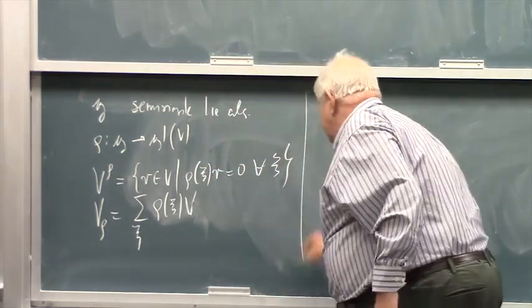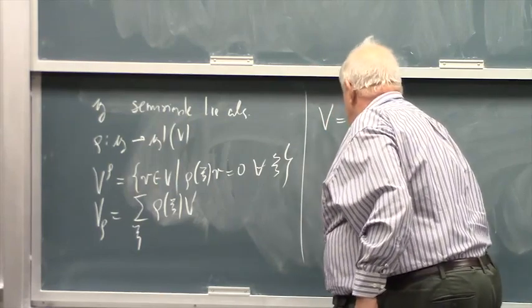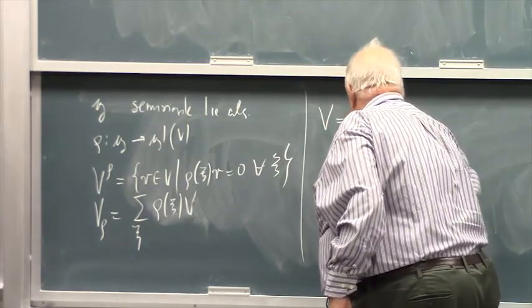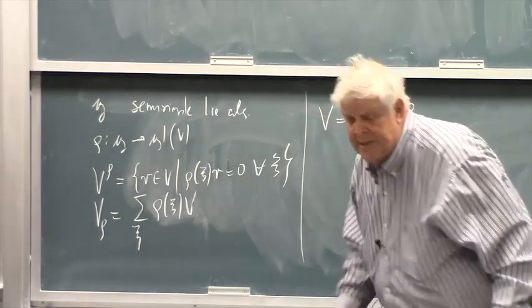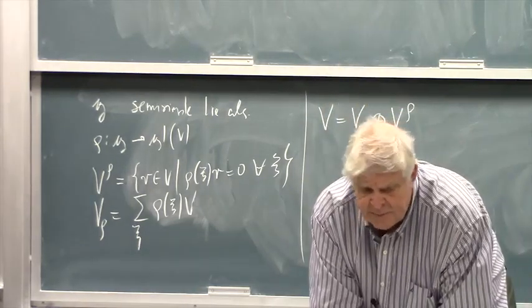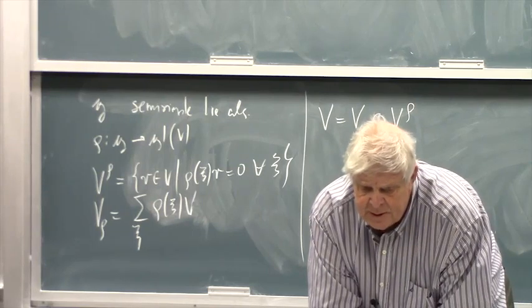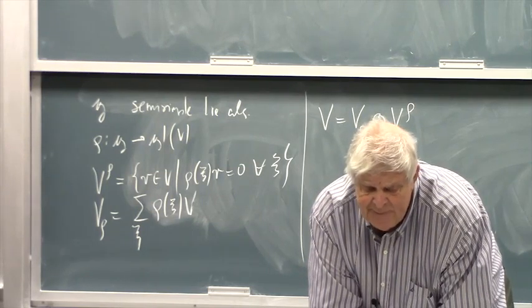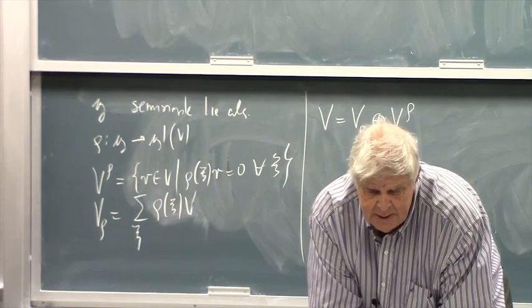Then the fact is that both of them actually are sub-representations of V. This is obvious, that the action of g preserves both. So both are sub-representations, and V is the direct sum.